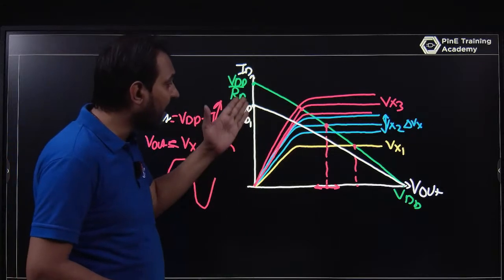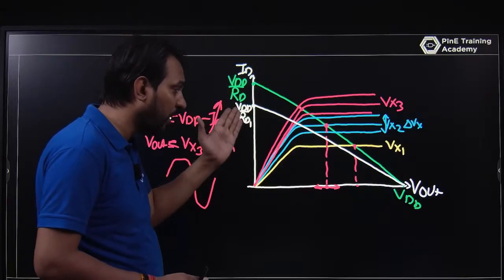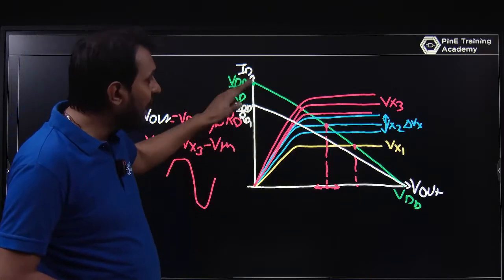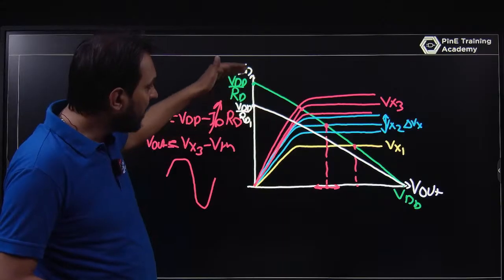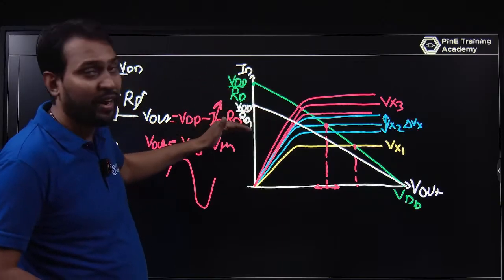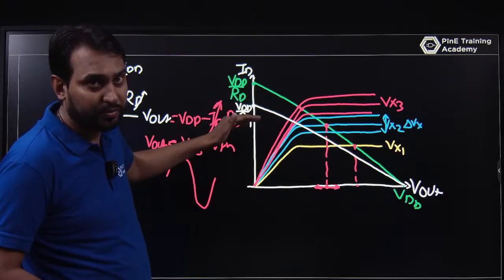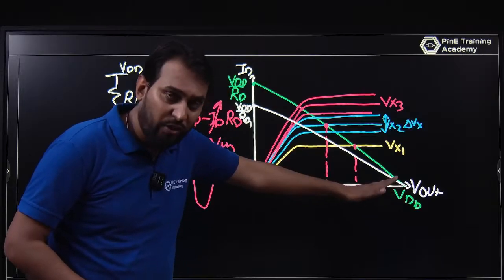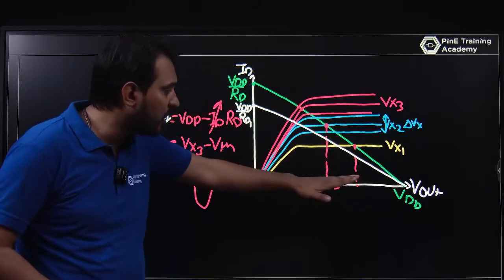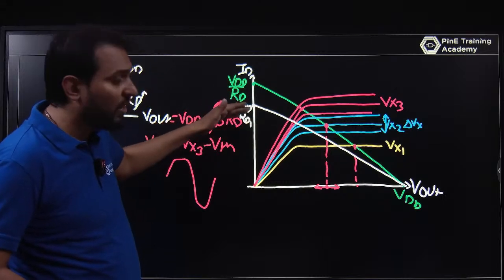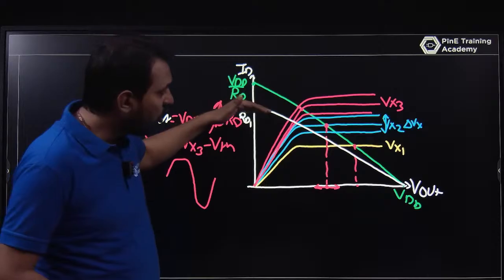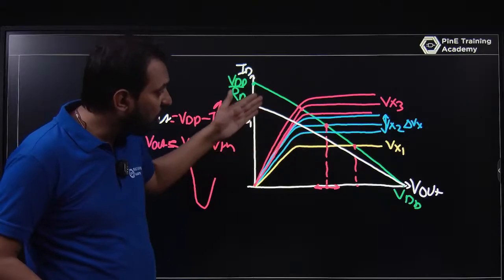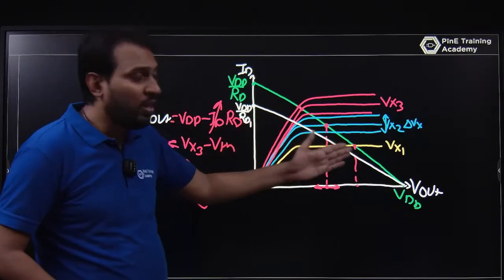But if you put a higher RD1 for making higher gain, what is happening? The load line will be shifted downwards. It is not VDD by RD, it is VDD by RD1, so that current is reduced. The current is 0 at VDD only, because VDD minus VDD upon RD is 0, but VDD minus 0 upon RD1 will provide less current. Due to this load line, Vx3 is perfectly linear, Vx2 is also in linear, and only Vx1 is in saturation region.